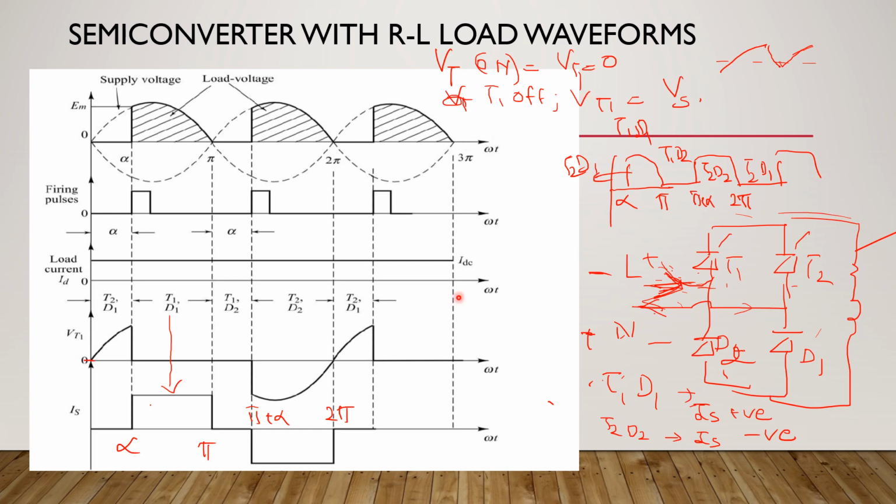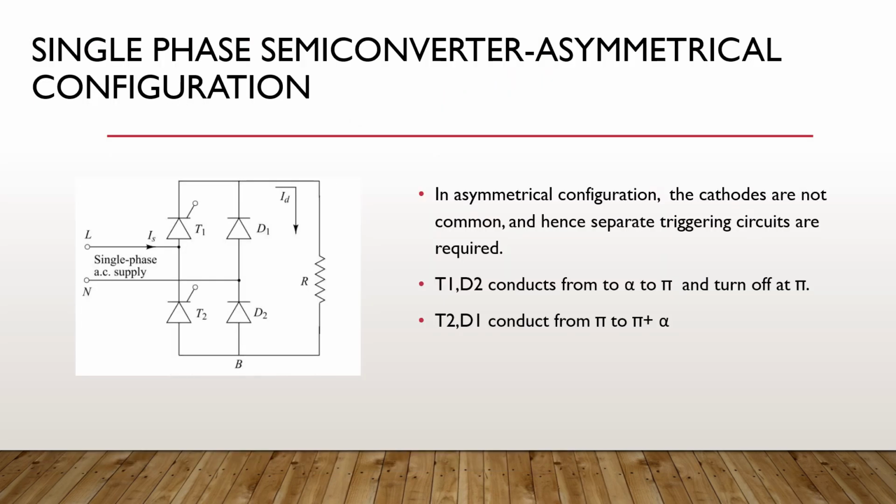Then when thyristor T1 is off, VT1 is equal to the supply voltage. Similarly for VT2, we see when T2 is conducting, from here to here, the voltage across it will be 0. And when it is off, whatever the supply voltage is, whether positive or negative, that will appear across the thyristor. So this is how you draw the waveforms.